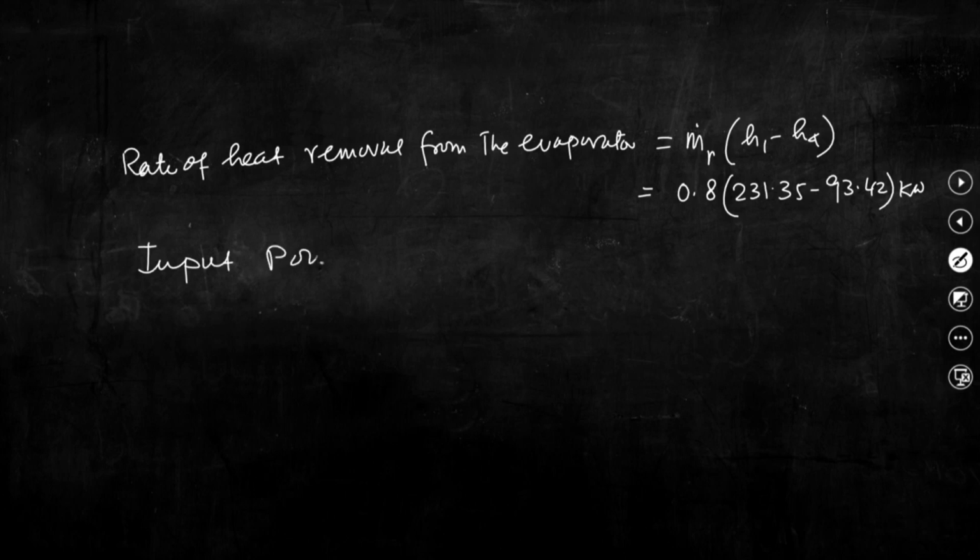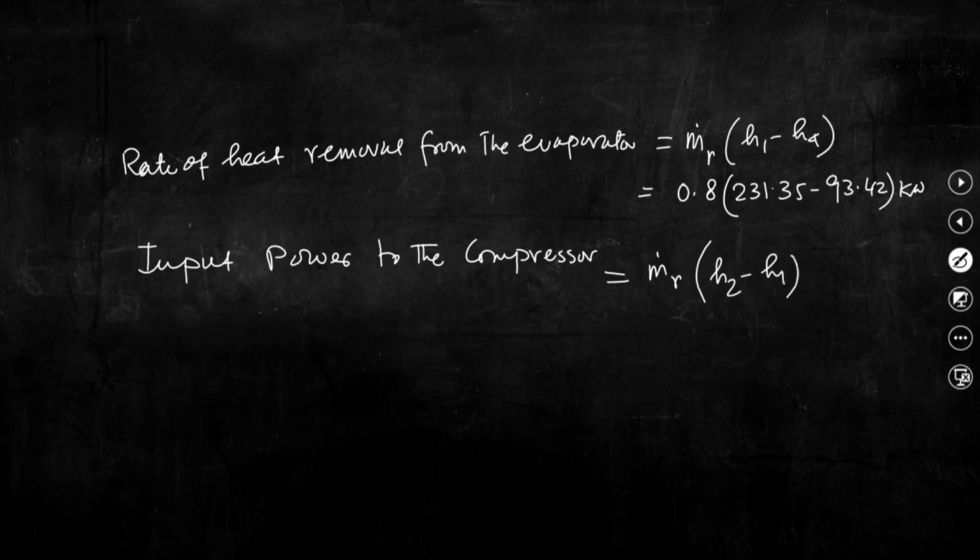Input power to the compressor equals again m dot r into H2 minus H1, because again we are applying the steady state steady flow equation across all the devices, and that is why we could write this is the heat removal rate, this is the input power to the compressor.